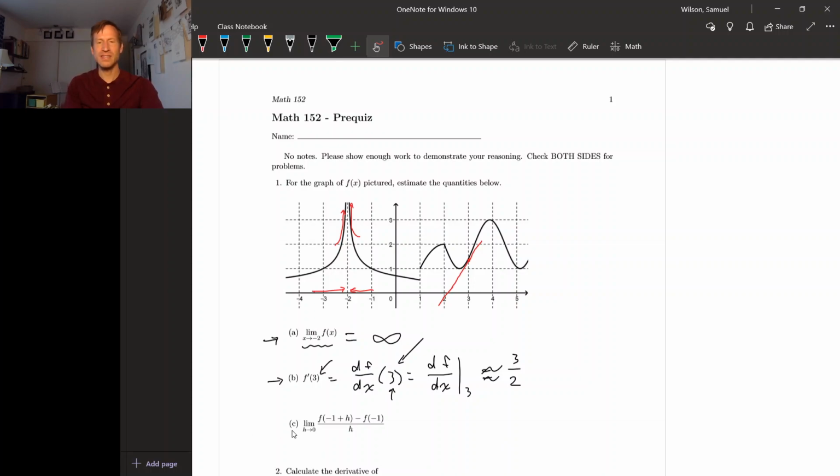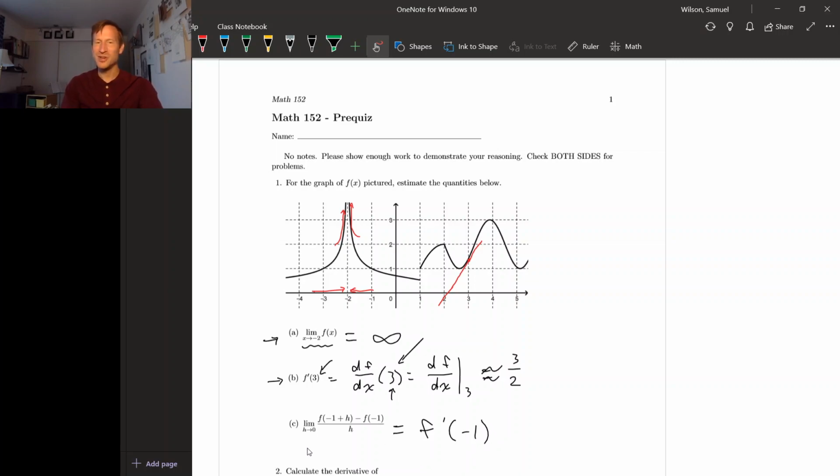Okay, for part C, limit as h goes to 0 of f of -1 plus h minus f of -1, all divided by h. The thing to remember about this limit of a difference quotient is that this is actually the definition of the derivative of f at the x value -1.